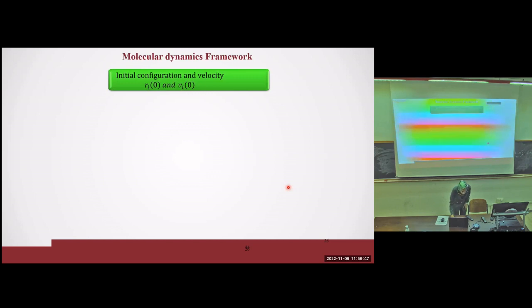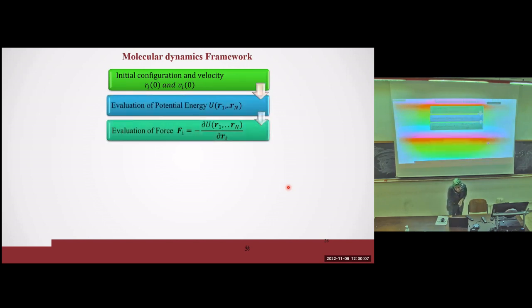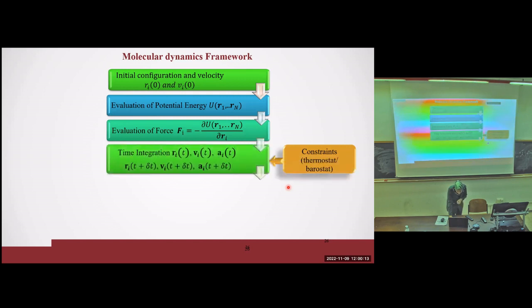Okay, so just as an overview, we want to check and then we go to a break. We want to check the general framework of molecular dynamics. So we have the initial configuration and initial velocity. From that, we evaluate the potential energy of the system. Then, with the derivative of potential energy, we evaluate the forces on each atom.